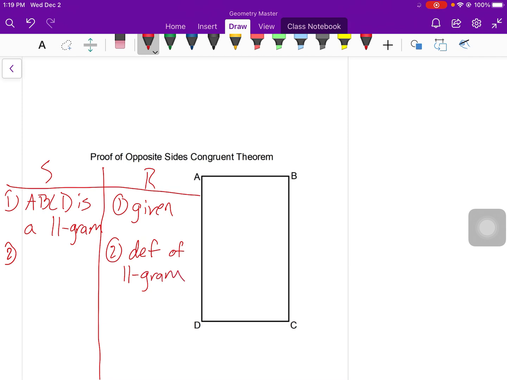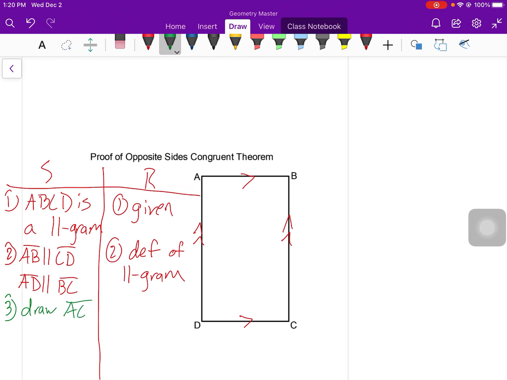The definition of parallelogram, that quadrilateral has 2 sets of opposite parallel sides, tells us in this case that segment AB is parallel to segment CD, and segment AD is parallel to segment BC. So I've got those markings. Now step 3 is one that we may have not done before. We're going to draw in segment AC. Okay.